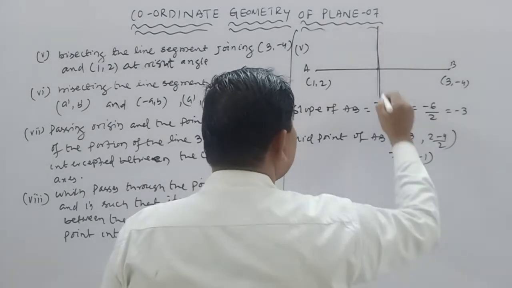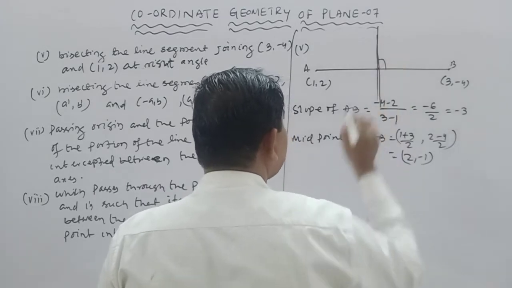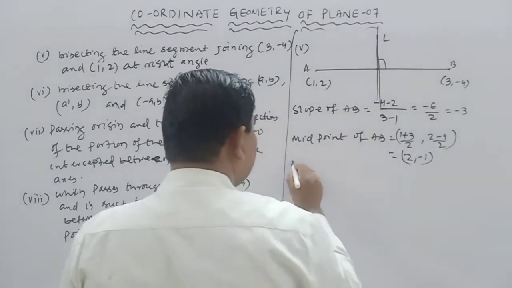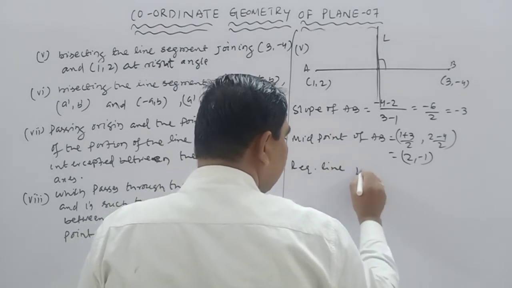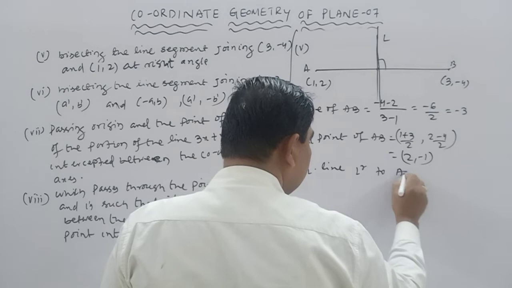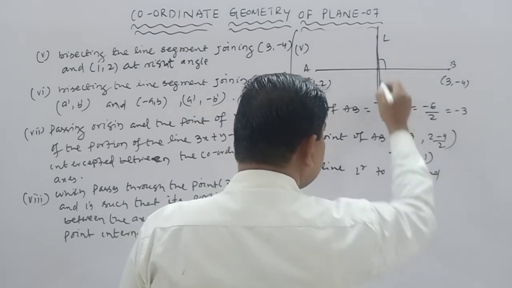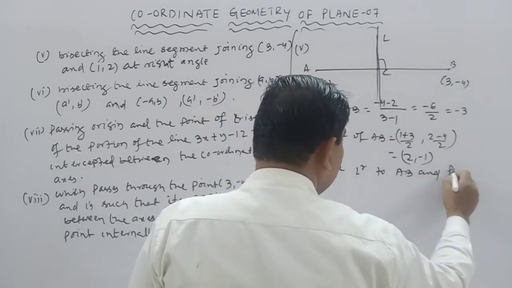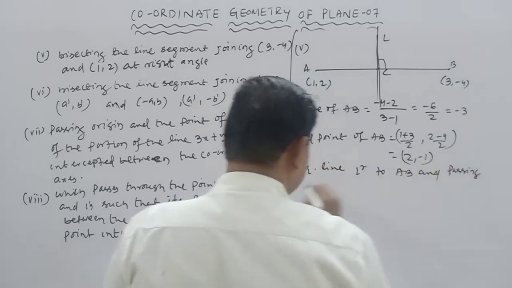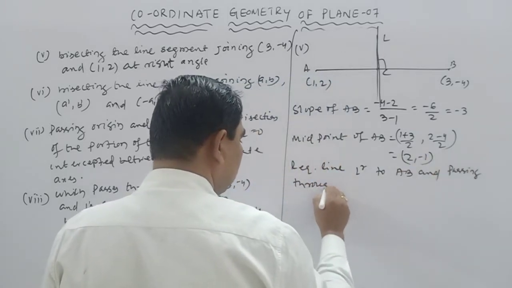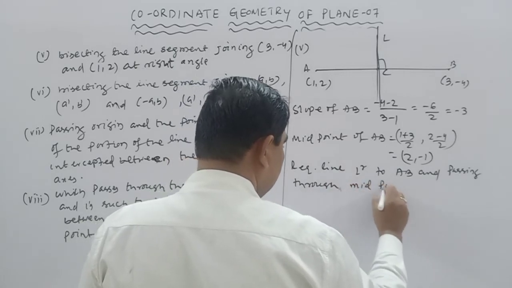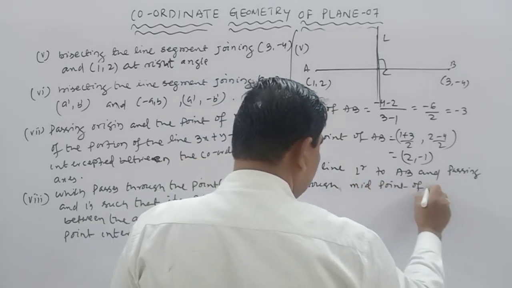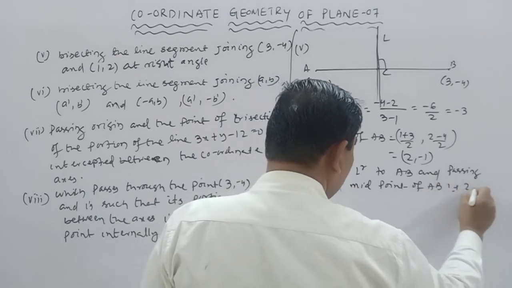This is the required line, perpendicular to AB and passing through the midpoint of AB, that is 2, -1.